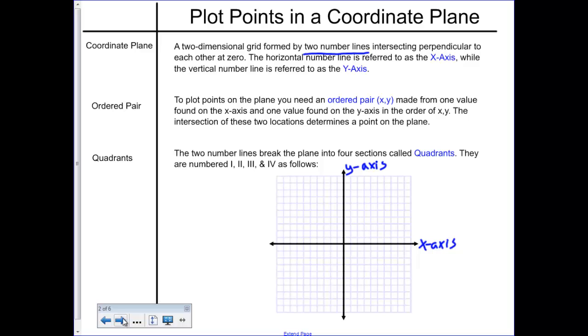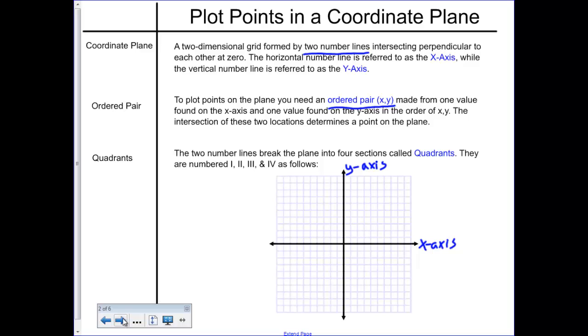An ordered pair. In order to plot a point on the plane, you need something called an ordered pair. And it looks like that inside parentheses, separated by a comma, x, y. That would indicate that we need one value for x and one value for y.